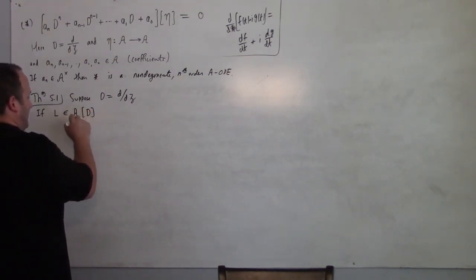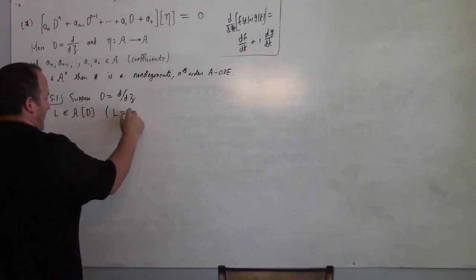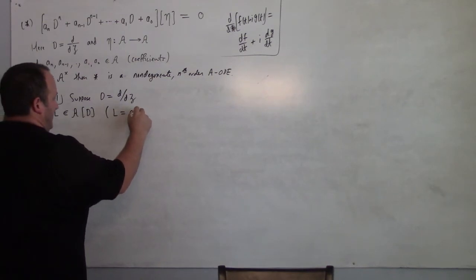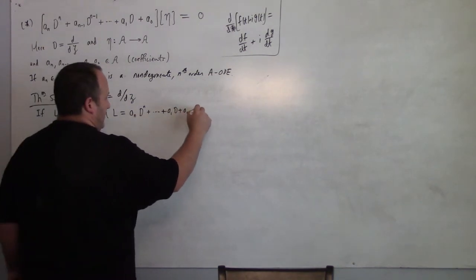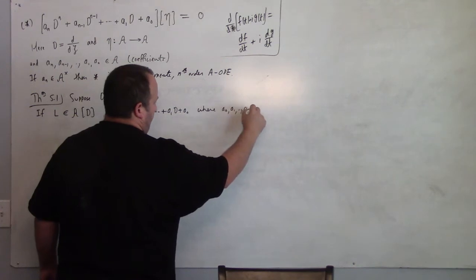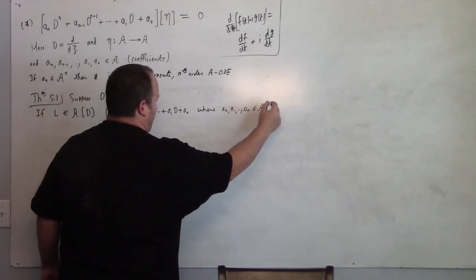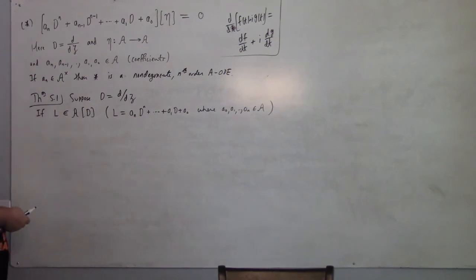So what this means is L is equal to A sub n d to the n plus ... plus A1 d plus A0, where A0, A1, ..., An are algebra elements, so it's algebra valued. It's a constant coefficient differential operator, but the coefficients here are elements of the algebra. Does that make sense?